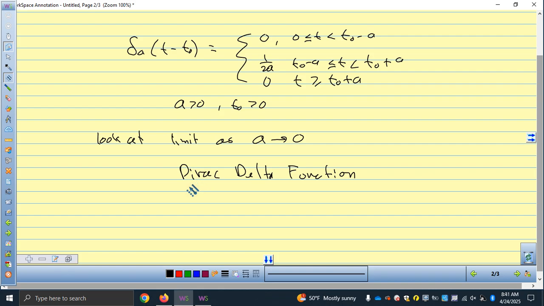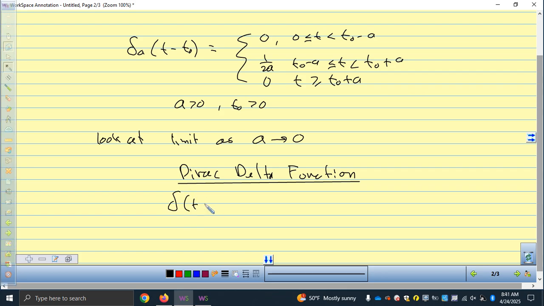Being very imaginative with the name, delta. So the Dirac delta function is delta of t minus t0, and that is the limit as a approaches 0 of delta sub a of t minus t0.